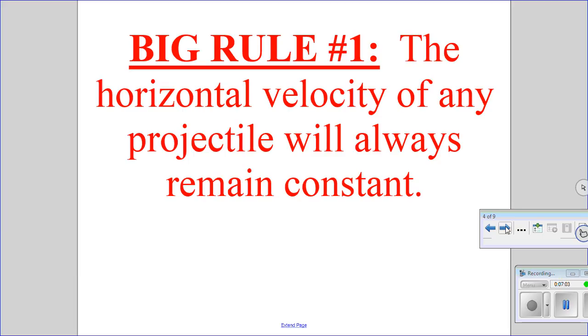No? Okay, so let's talk about horizontal velocity and vertical velocity. All right, so check it out. Imagine that you throw a ball. So here's you. You throw a ball off of a cliff or a building or whatever you're standing on.